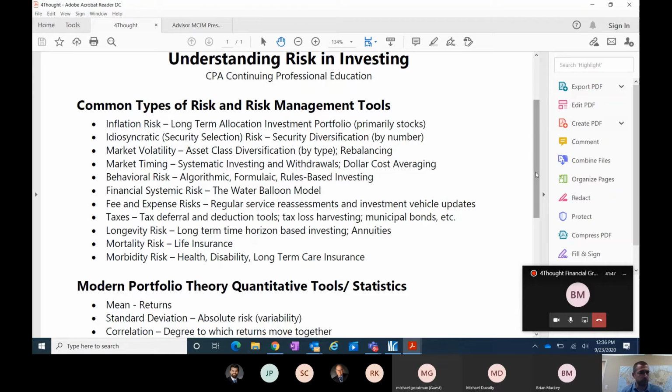The next one, market volatility risk. You have to go a step further than that, all right? So market volatility is the risk of your portfolio going up and down. Now, let's say you were just in a portfolio of tech stocks. Tech stocks as a whole, as a subclass of the stock assets, are one of the most volatile types of stock assets in terms of ups and downs.